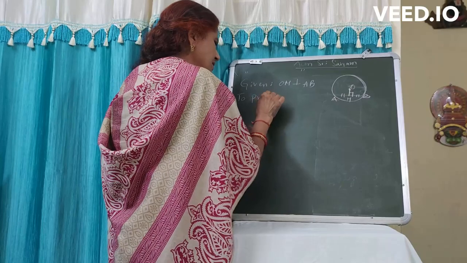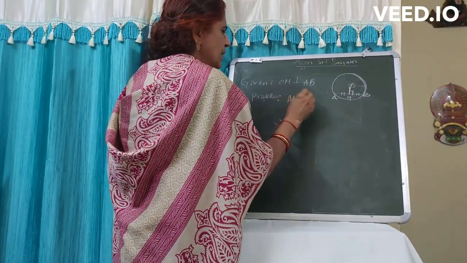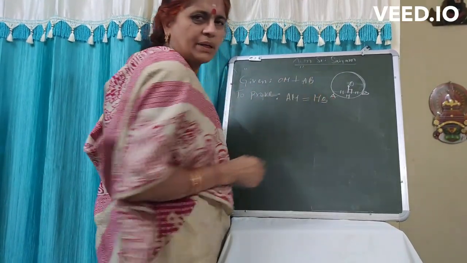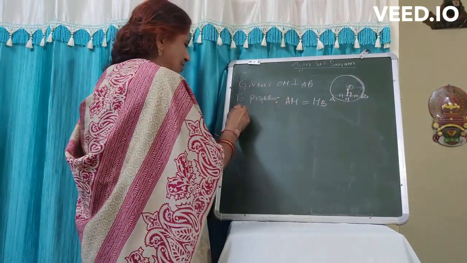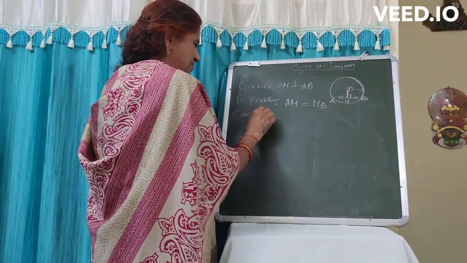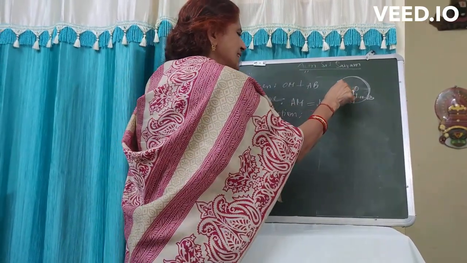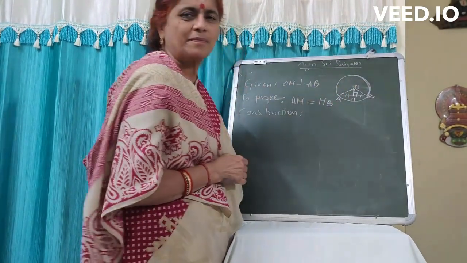To prove that AM is equal to MB. Then automatically the next step follows, that is construction. What is the construction? We say join OA and OB.